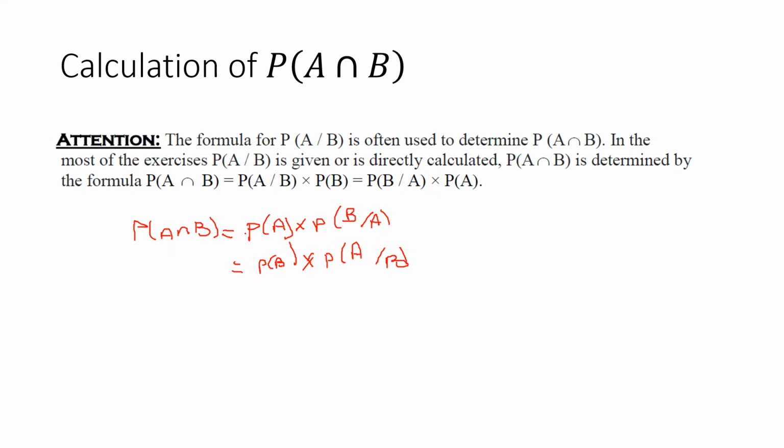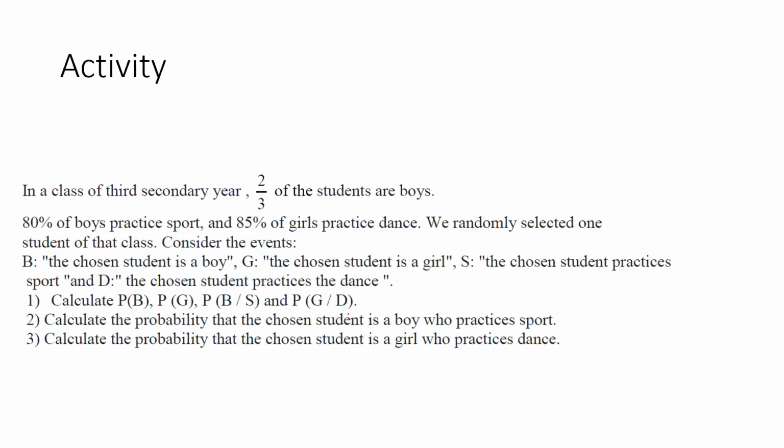So probability that A intersection B equals probability that A times probability that B given A, or probability that B times probability that A given B.